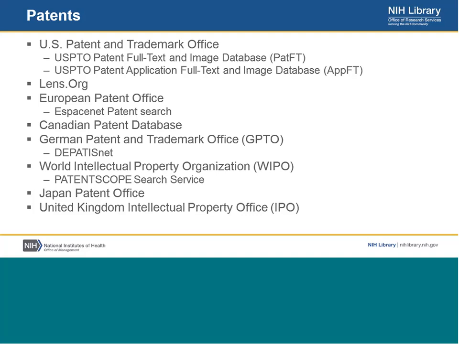Regardless of what they call it, it might be under a slightly different name, but each country has its own. And so to be thorough, you would want to be checking as many of these as possible as relevant to the request that you're working on.